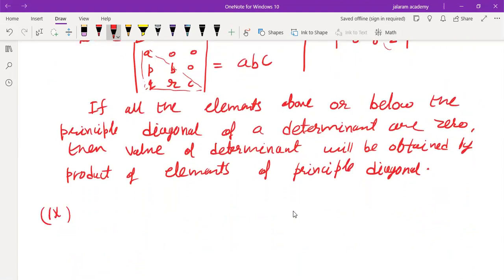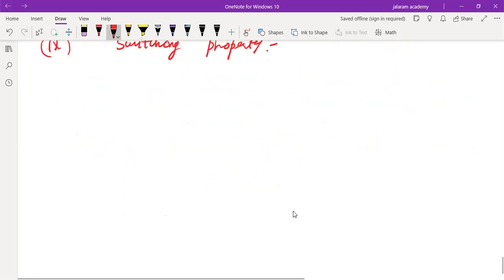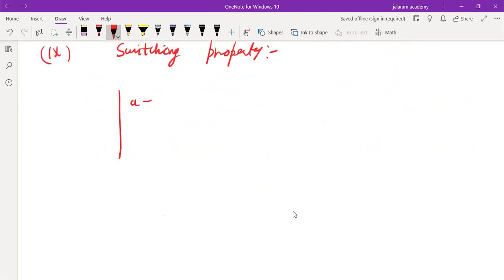Next, a very important property is the switching property. Like this, we can apply this to any column or any row.